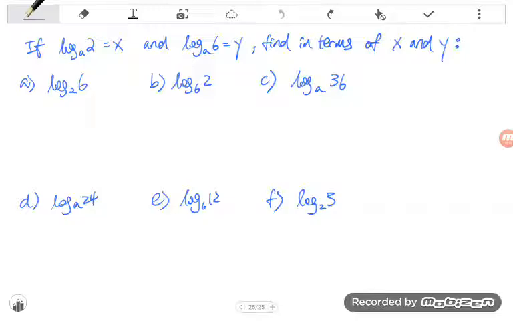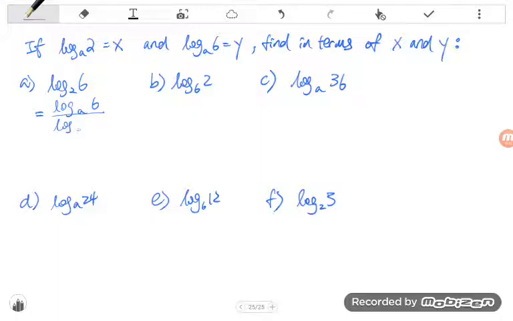Let's get started then. So log 6 to the base of 2. I can write that as, since the x and y that's given to us, they're both to the base of a, right? So if I try to break down this log 6 to the base of 2, we should try to get a base of a as well.